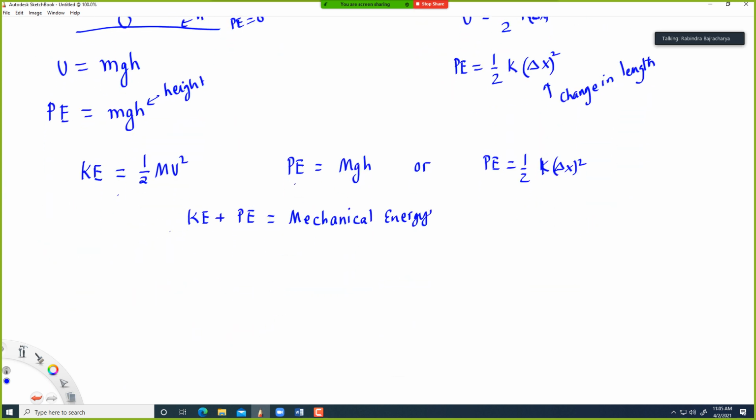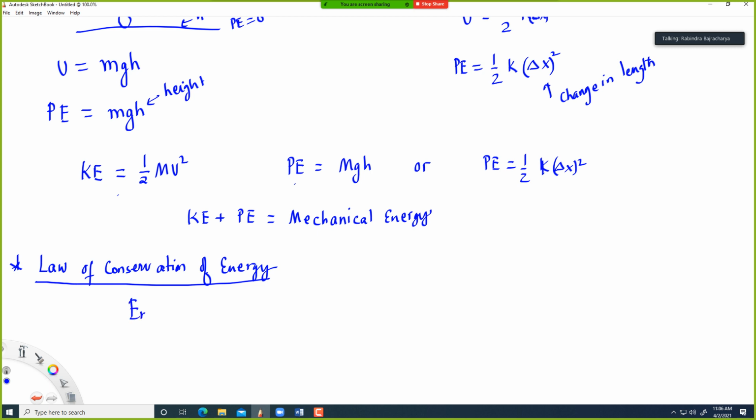And the law of conservation of energy states that if there is no loss of energy, then energy remains conserved. There is no loss of energy, or there is no decrease in energy.